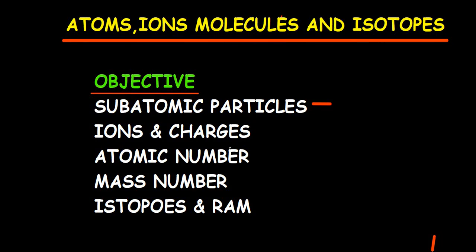I know you know the subatomic particles: the electrons, protons, and neutrons. We're going to talk about them, about the ions and their charges, and then discuss the atomic number and the mass number. Finally, we are going to see how we can find the relative atomic mass using isotopes. This is the roadmap for today's lesson.